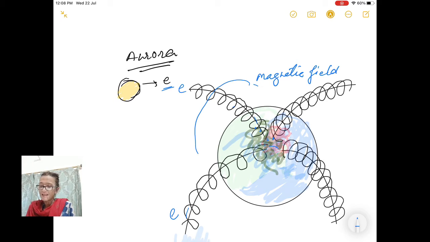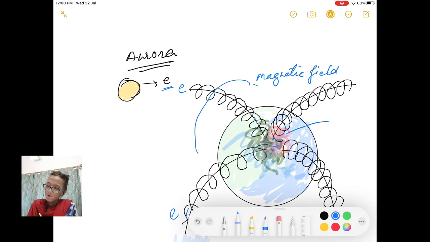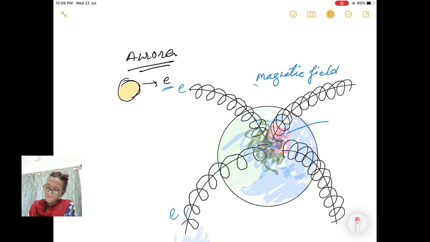While agitating with oxygen particles, a green display of light can be seen. And when they agitate with nitrogen particles, a beautiful display of pink light can be seen. So two phenomena happen.